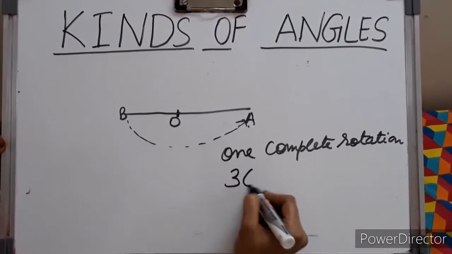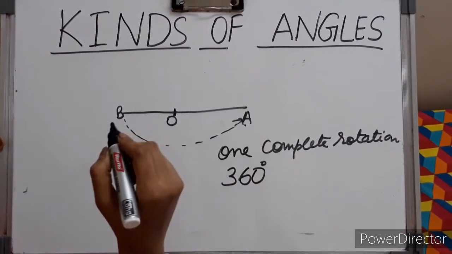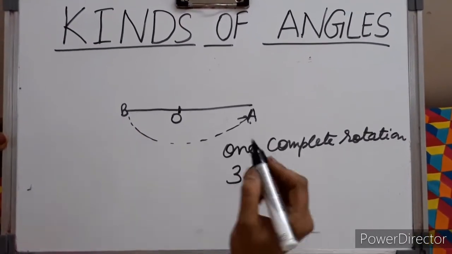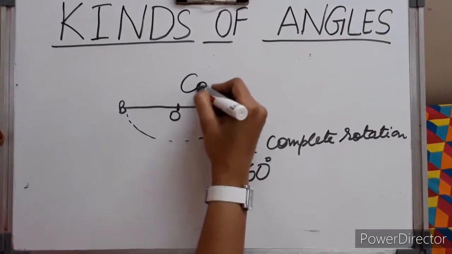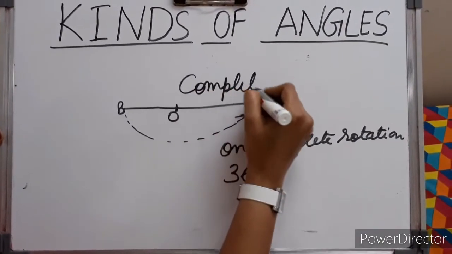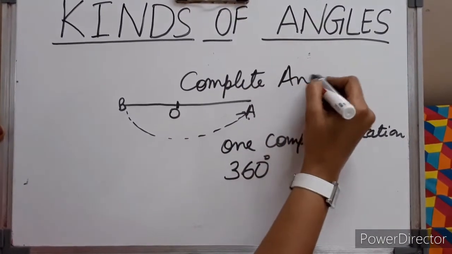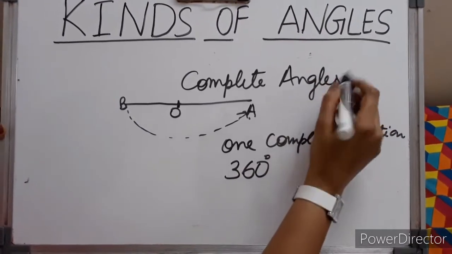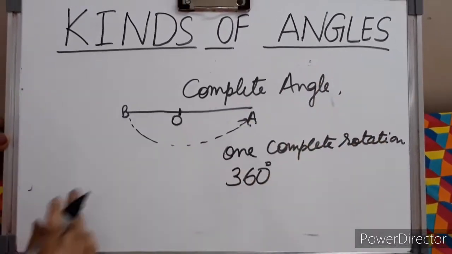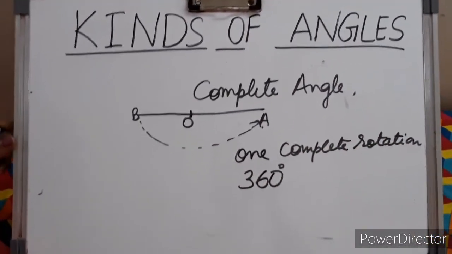This forms 360 degree. One complete rotation is called 360 degree, that is called a complete angle. So these are the kinds of angles. Now coming towards our next concept.